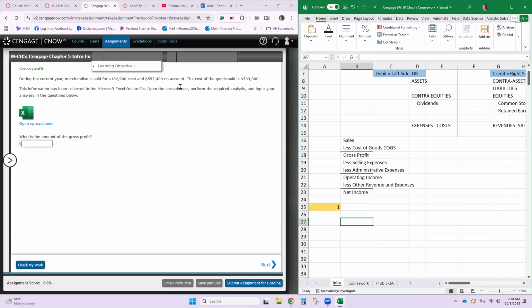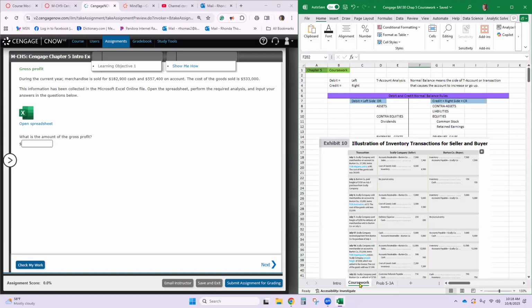On account customer is that accounts receivable. So now let's ask ourselves, are we a buyer or a seller in this problem? So if it says merchandise is sold, cost of goods sold, then that means we are a seller. Okay, let's go ahead and put seller in.